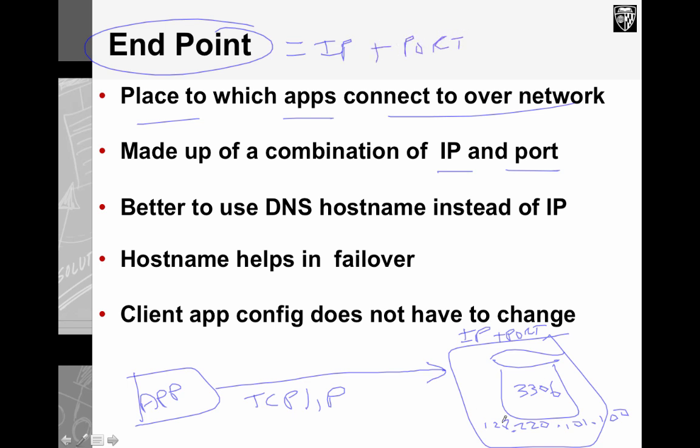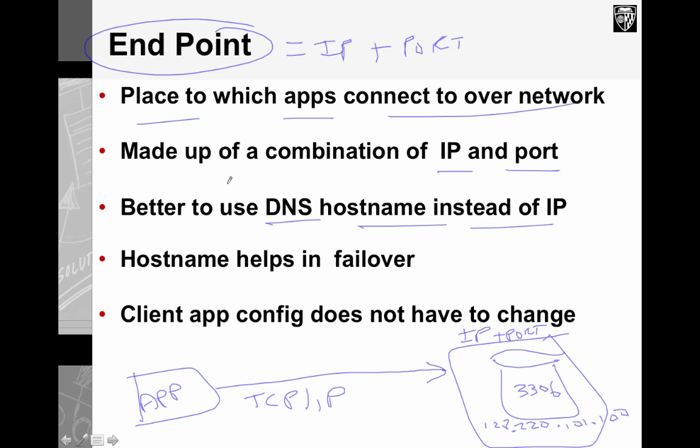But the problem is the IP address nobody wants to remember, and the IP addresses can change. And you will see later on that having the application know the IP address directly is not a good idea, because what happens if the machine which has the IP address fails? In such situations, we actually use DNS host name instead of the IP address.